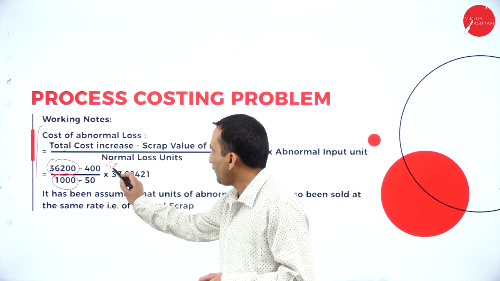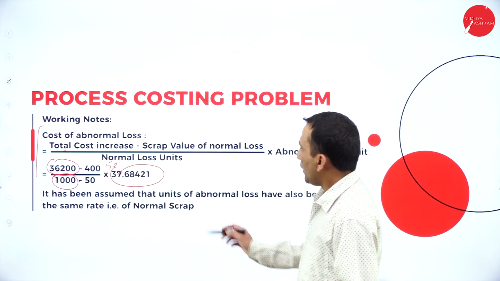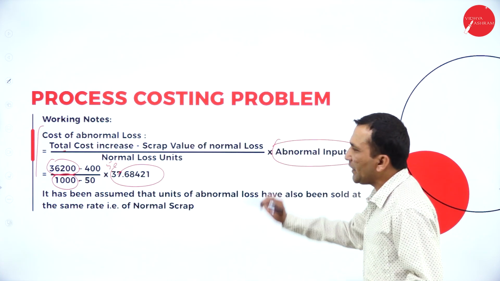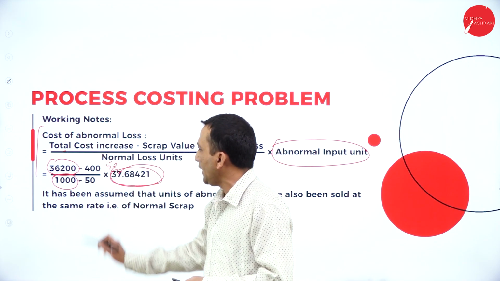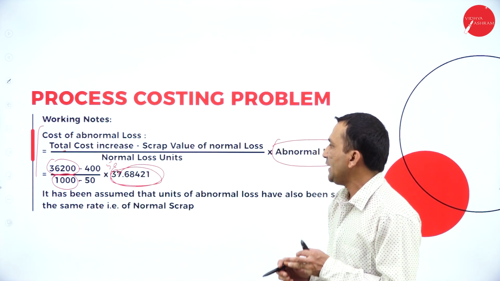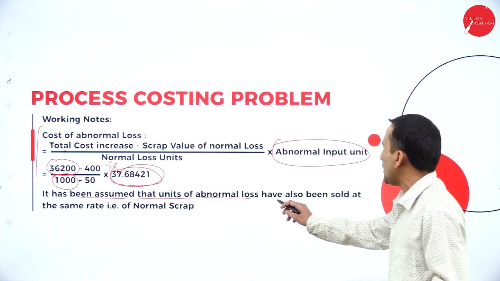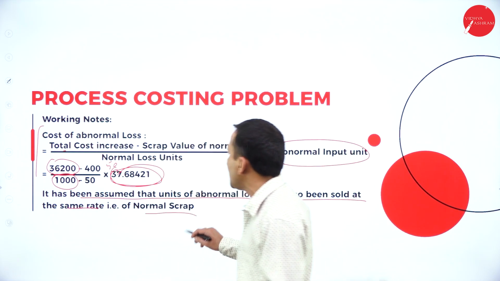Finally, you need to multiply, because 50 units is clearly specified as the abnormal loss units. The final rate we get is 37.6841. It is assumed that the units of abnormal loss are also sold at the same rate as the normal scrap value.